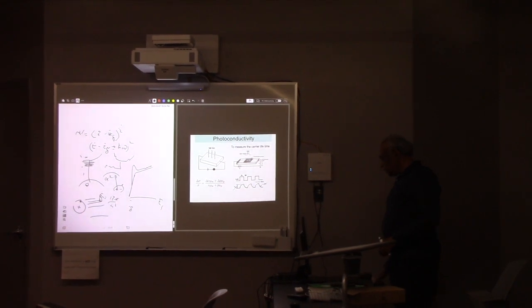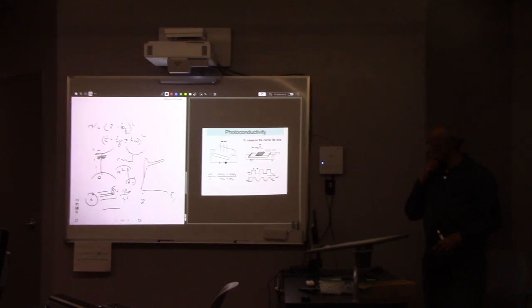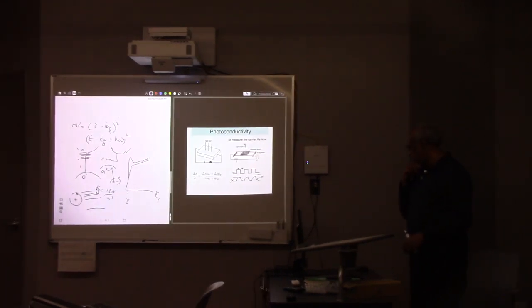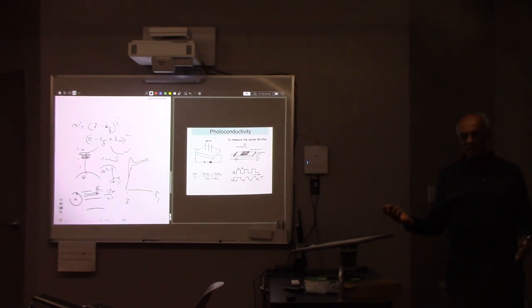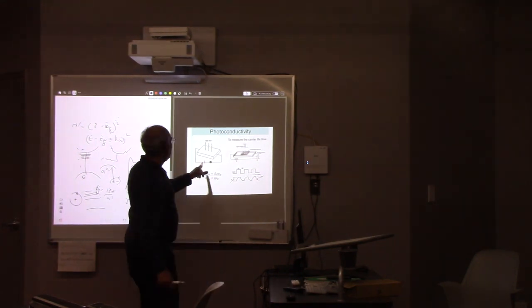Okay, so then, like I said, photoconductivity, we discussed this one. You know, this is solid state physics. Photoconductivity is also another important thing. In photoconductivity, what we do is we measure the current, right? Just apply voltage and measure the current.